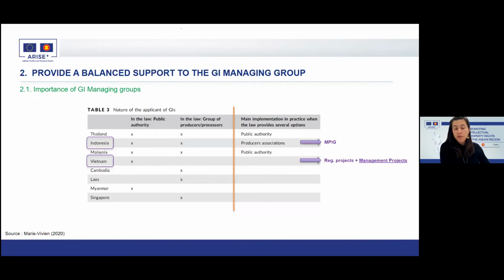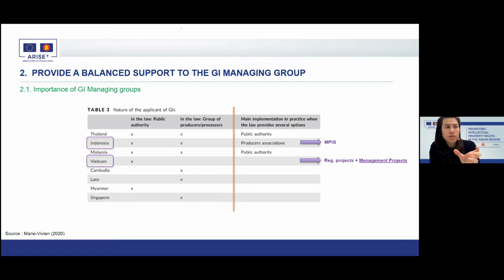In Vietnam, the applicant is a public authority. So for example, it would be a people's committee of a district or a province. It can also be a department of science and technology of a province. And after the registration of the name, then in some localities, the locality will receive another funding to develop what is called a GI management project, with the objective to establish a GI managing group.